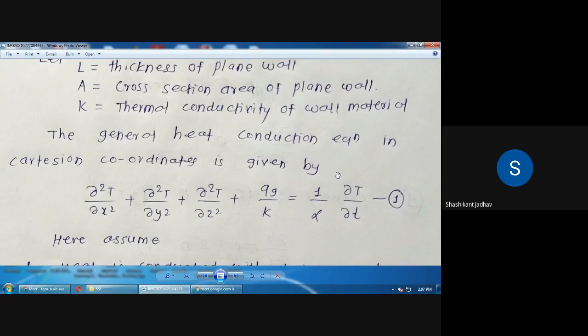So all of you write down this equation, equation number 1.